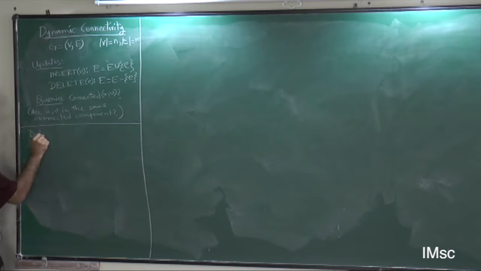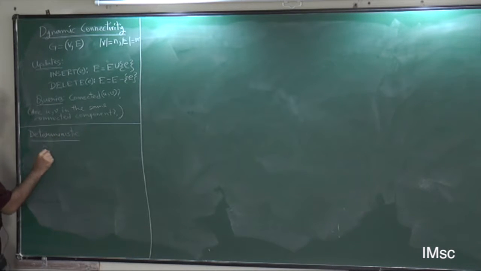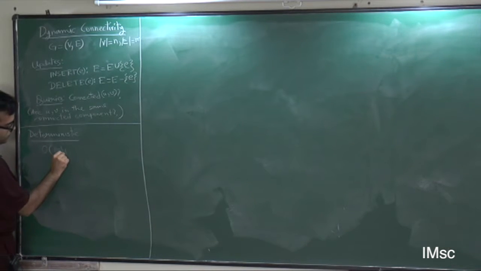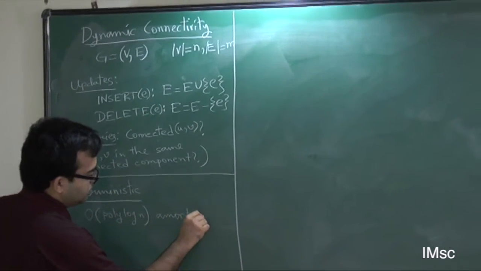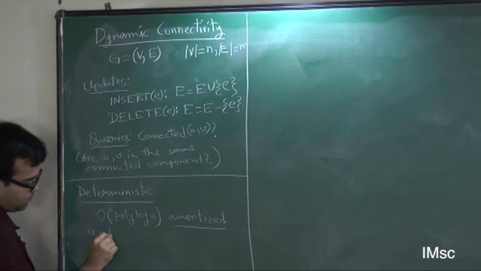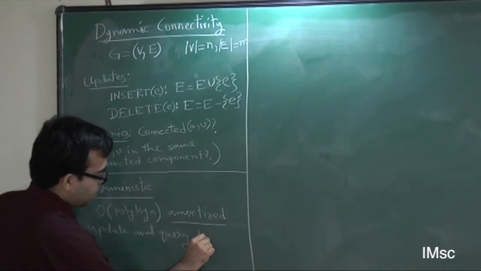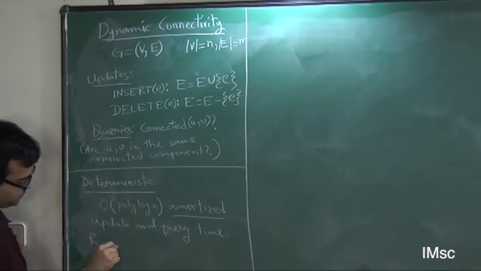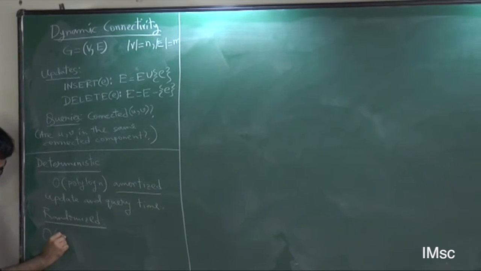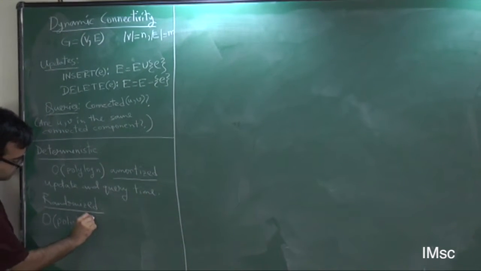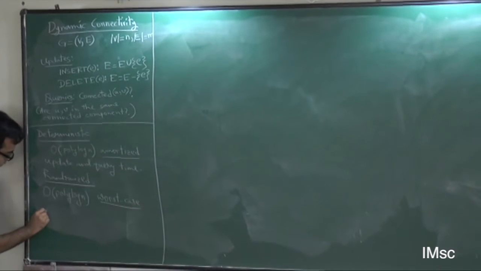In the deterministic setting, we will give order polylog n amortized update and query times, and in the randomized setting, again we will get polylog n, but in this case worst case update and query times.